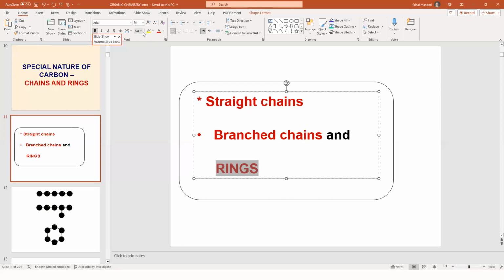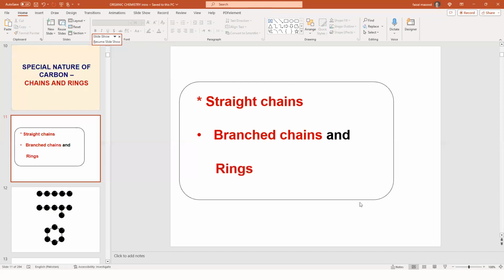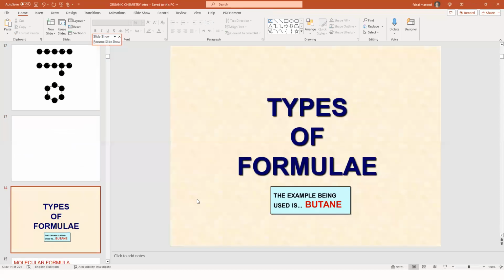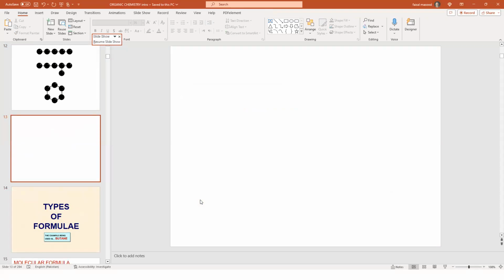Then after that, the first one is a straight chain. The second one is a branch. And the third one is a ring. Straight chain, branch, and ring. So when you connect carbon in a straight line, look at this diagram.